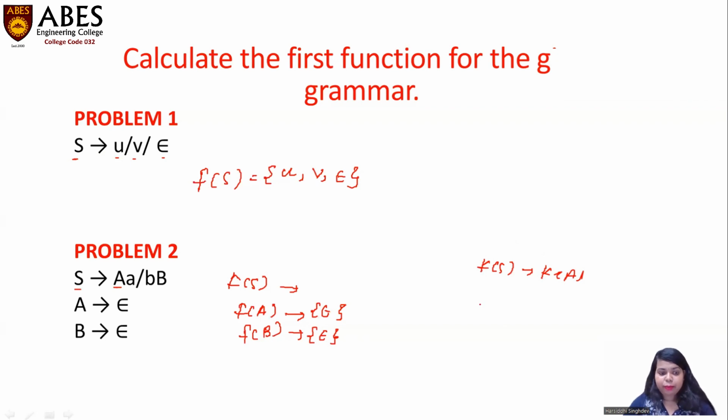What is the first of A? Epsilon. When we put S tends to epsilon, for example, let's suppose S tends to capital A. This is the production which we are looking at.